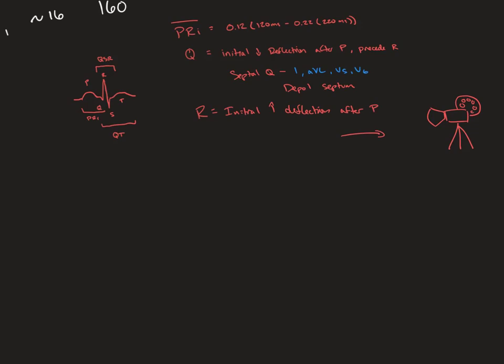So that's how you can understand the way that a lead is directed. A lead is looking at a certain angle, and if things move toward it, it gets bigger. So that presents a positive deflection. The same way, if something moves away, it gets smaller. So you have a negative deflection. So you have a positive and you have a negative. Okay?